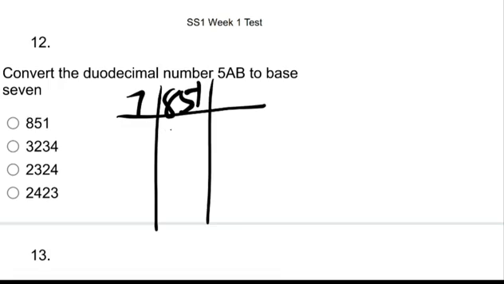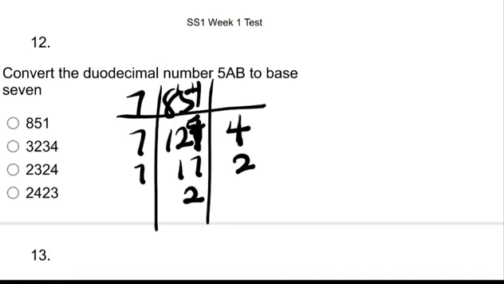So this will give us 1, 2, 1, remainder 4. Then 7 in 121 is 17, remainder 2. 7 in 17 is 2, remainder 3. 7 in 2 is 0, remainder 2.